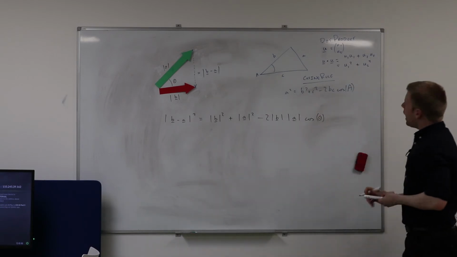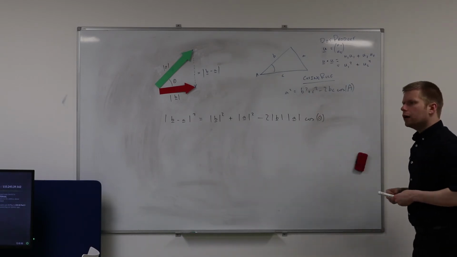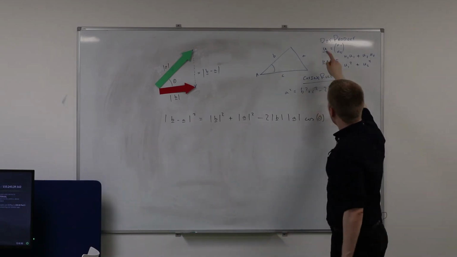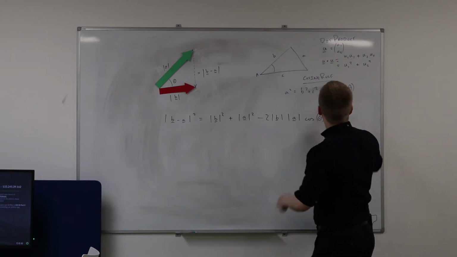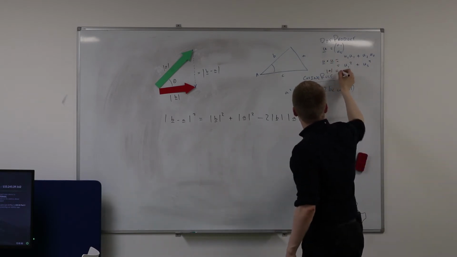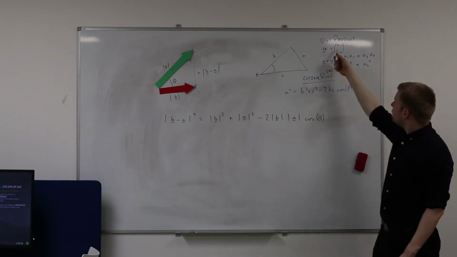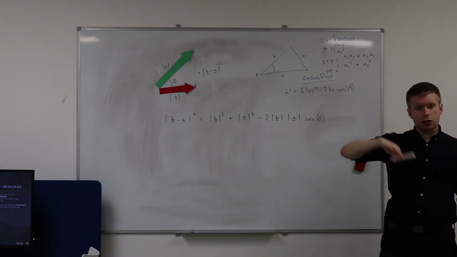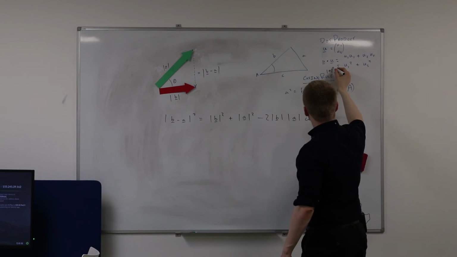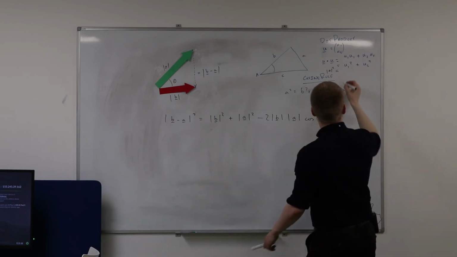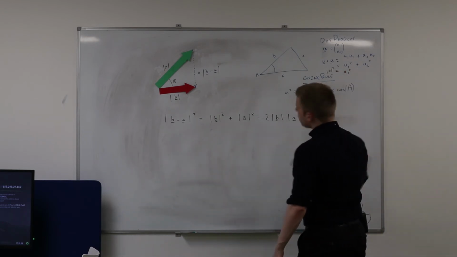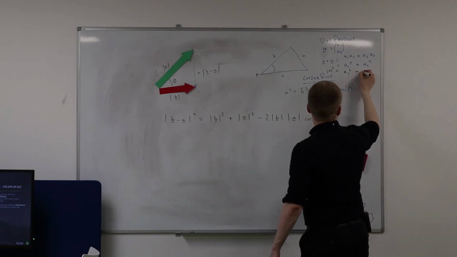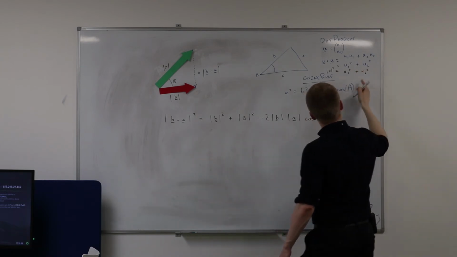Okay, now have a think. This should look familiar. Because, for example, if I wanted to find the length of u, what would that be equal to? It's just x component squared plus y component squared, then square rooted, okay? So if I square it, would you be happy that that would be equal to the x component squared plus the y component squared?